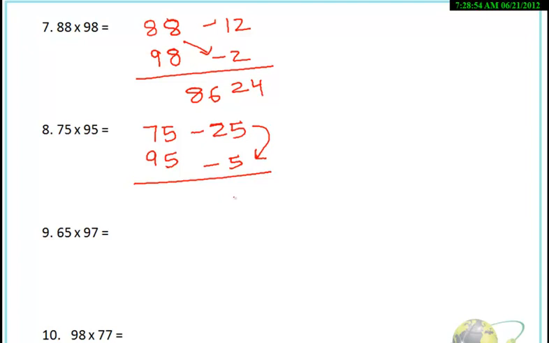So 25 fives are 125. We'll write 25 and 1 will be carried over. Now 75 minus 5 is 70, and with this one we'll get 71. So the answer is 7125.